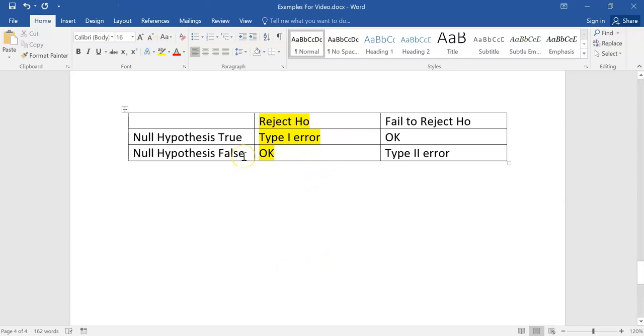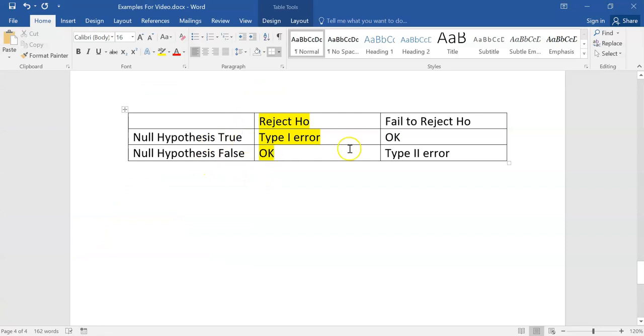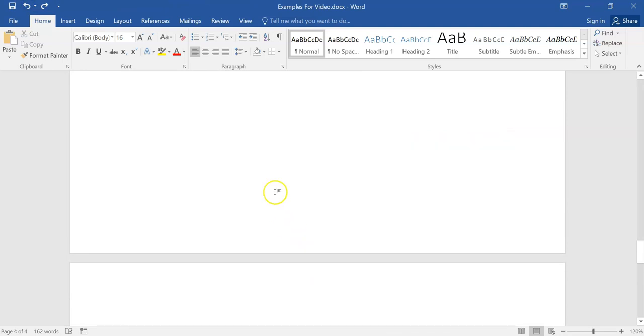So if it's false, if there really is a difference, we're fine. But what if the null hypothesis is true? There actually is no difference, and our result was just an unusual random outcome. That could have happened, and we would have committed a type 1 error. That doesn't mean we did something wrong statistically, and we don't actually know.